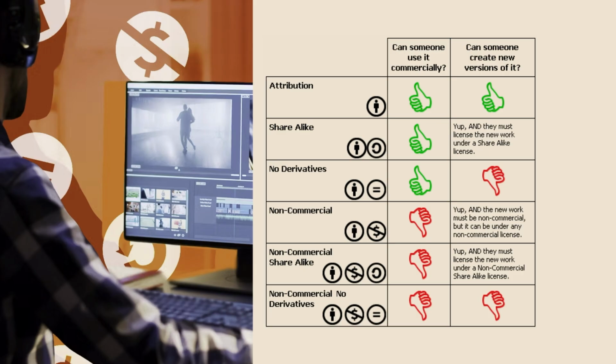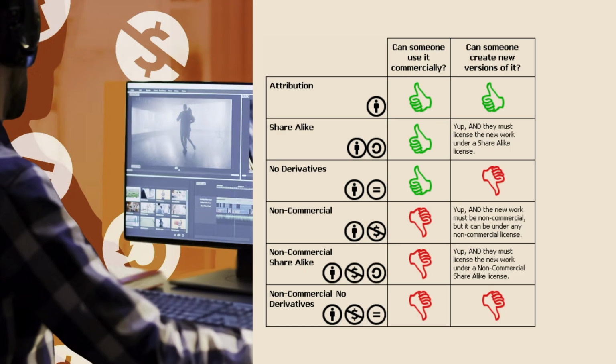And CC BY NC, non-commercial: we cannot use it for commercial purposes, because they have declared it as non-commercial, but we can create new content. The new content must be non-commercial, but it can be under any non-commercial licensing. That means the new content can be CC BY NC, CC BY NC SA, and CC BY NC ND also.